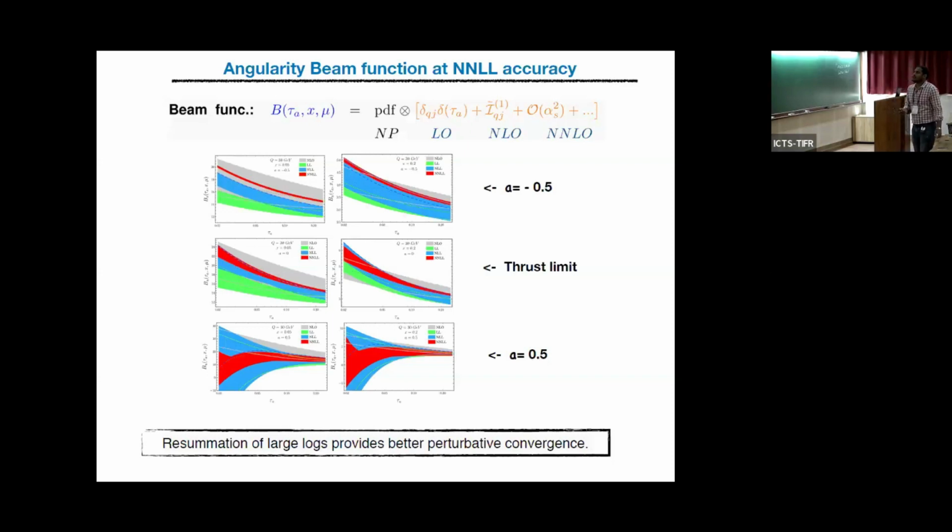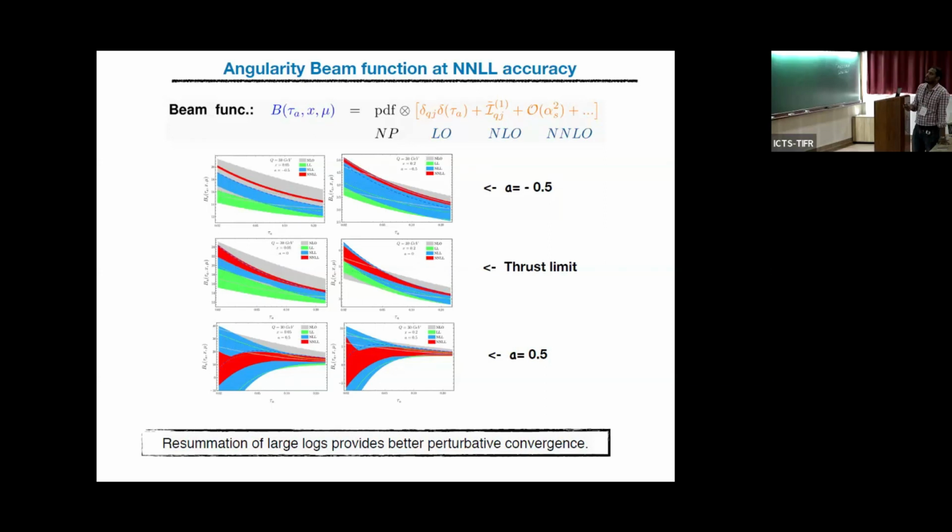Here is the result up to NLO, and as I said, this beam function also has dependency on the angularity parameter A. This is the thrust result for the beam function at NLO. This is for A going to -0.5, and this is for +0.5.